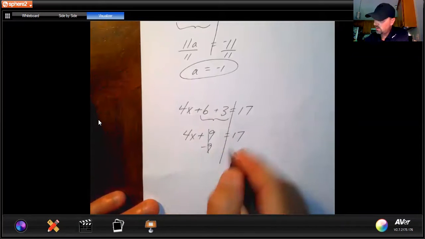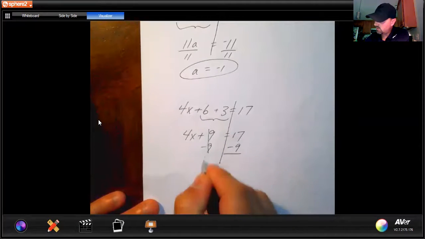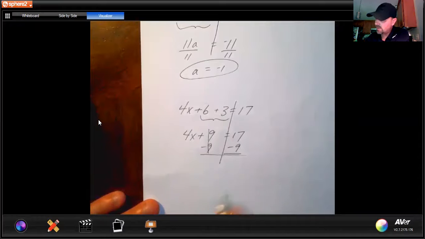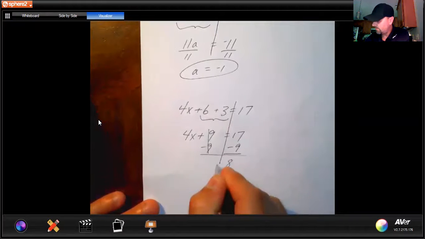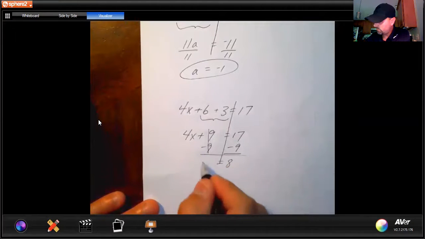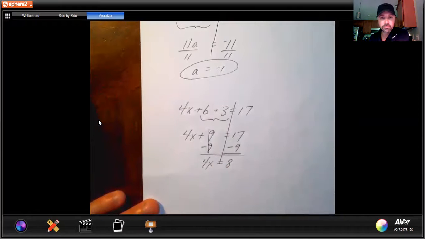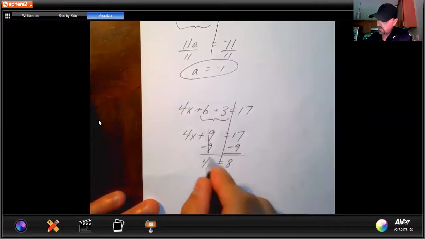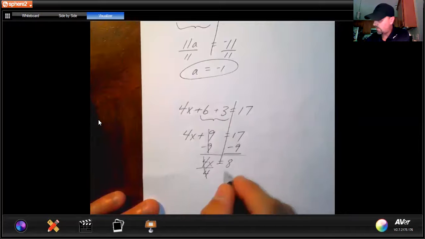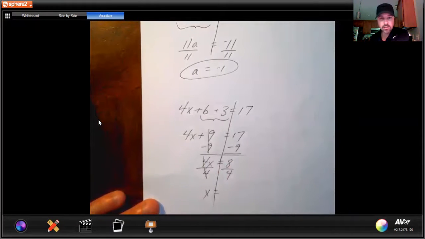Take away 9, keep it balanced. 17 minus 9 is 8. Bring down 4x equals 8. This means multiply, so I'm going to undo it by dividing. Keep it balanced. That's a 1x over there, and 8 divided by 4 is 2. What we see is, in that problem, x is equal to 2.